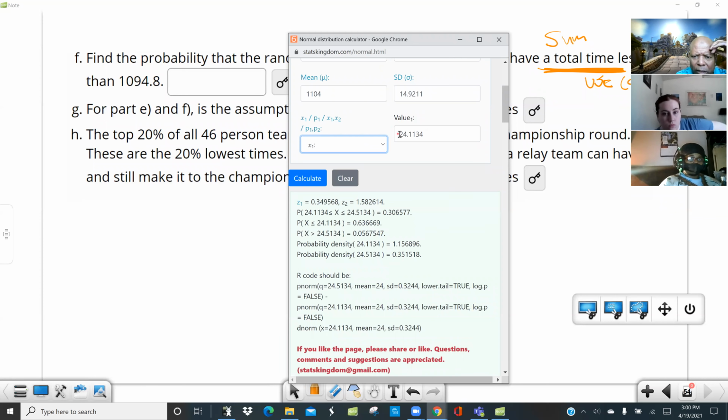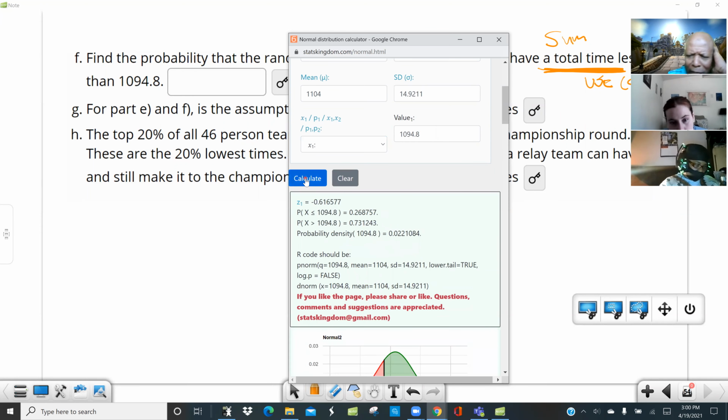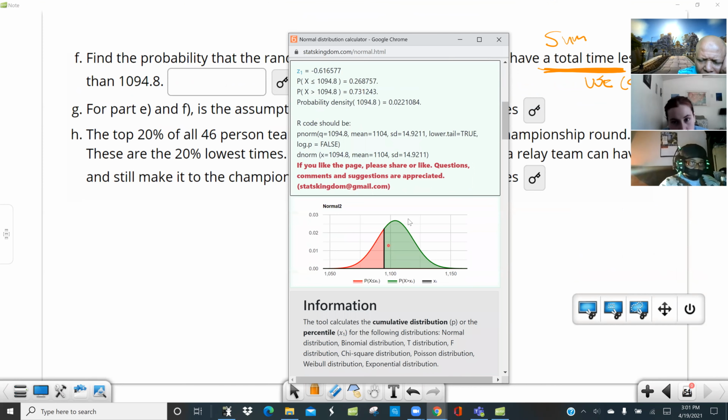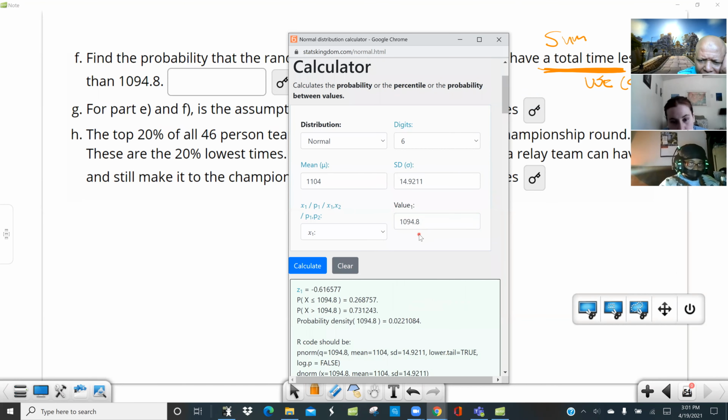I put 1094.8. One more time, these numbers are big, so we have to wait for some time. To the left of 1094.8 is 0.2688.